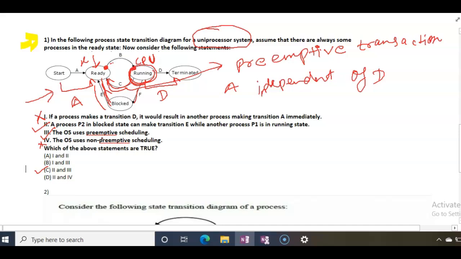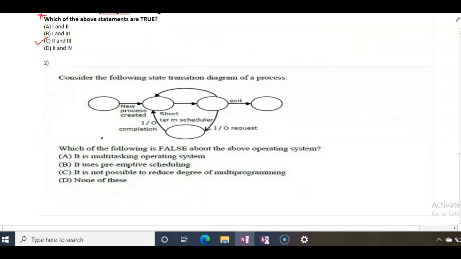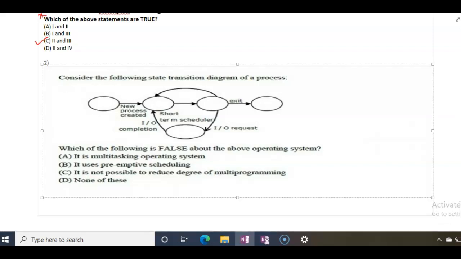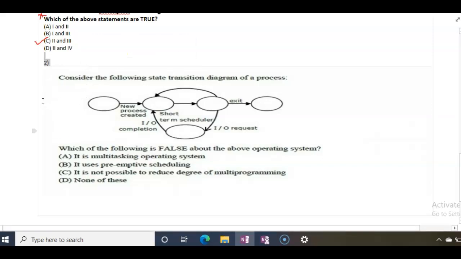Now moving to the next question. I hope you guys understood this question. In this question, this is a new state, so I can write new. This is basically a ready state, I can write ready here.